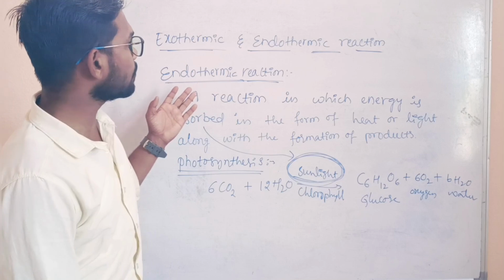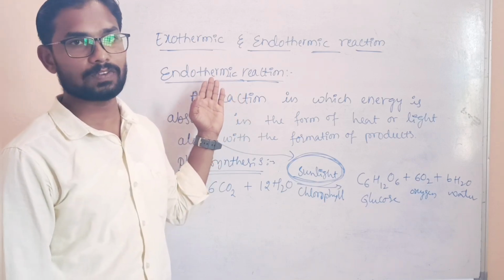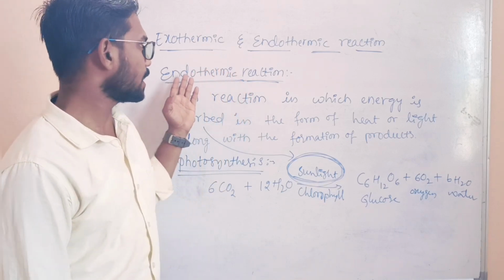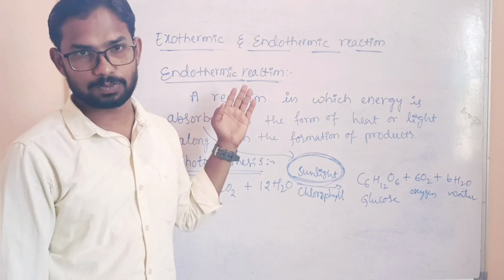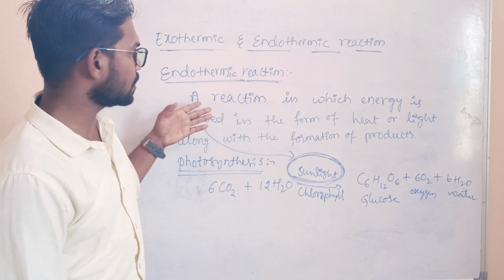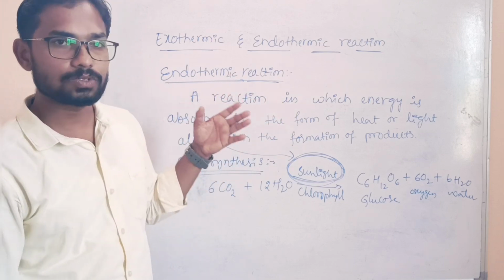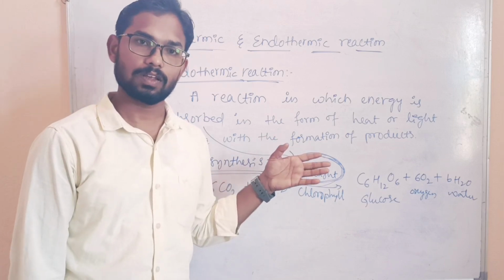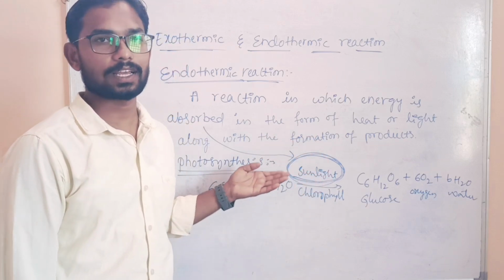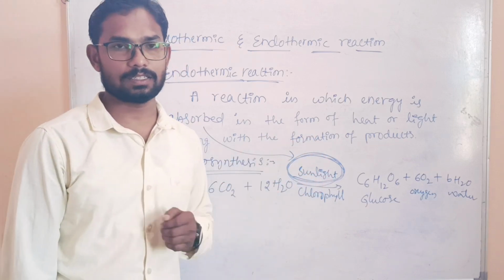For exothermic, we have given burning of natural gas, and another example of exothermic reaction is respiration, and in an endothermic reaction we are going to absorb the energy in the form of light or heat. For example, that is photosynthesis.